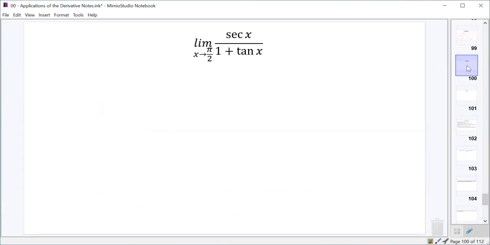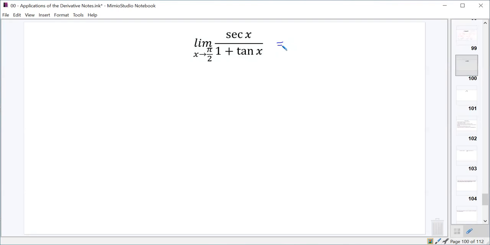So let's take a quick look here at the limit as x approaches pi over 2 of secant x over 1 plus tangent x. And the first thing we'll need to think about is, what is this value here? And the secant of pi over 2. If we think about it, secant is just 1 over cosine, and the cosine of pi over 2 is 0.